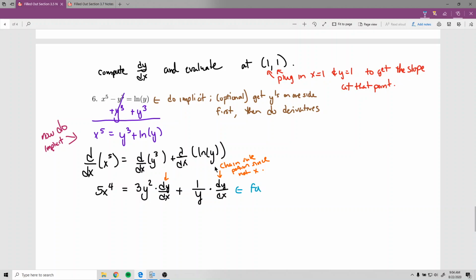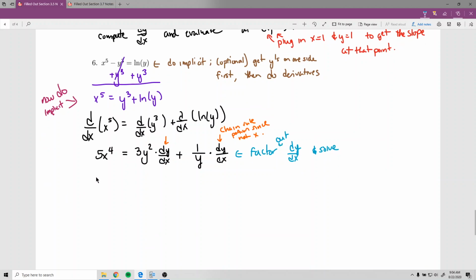Now that we've done the derivative of everything, I can factor out the dy over dx and solve for it. So the left side is just the 5x to the fourth by itself. The right side, I take out the dy over dx. The first term is left with 3y squared. In the second term, we're left with 1 over y. And some people ask, should I simplify this? You can. You can get a common denominator and make it one fraction.